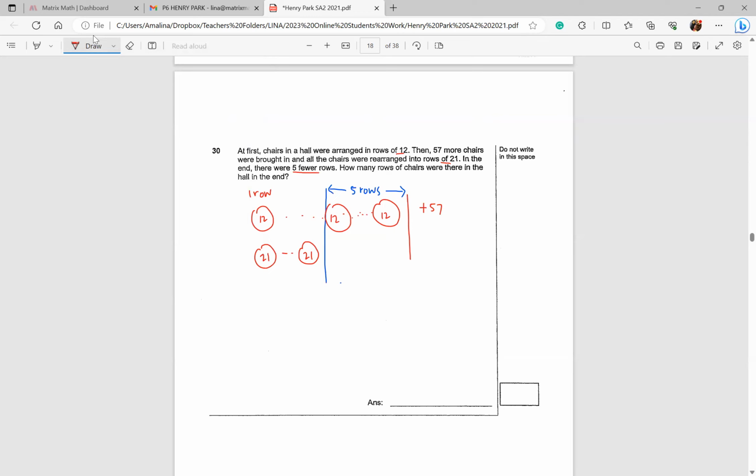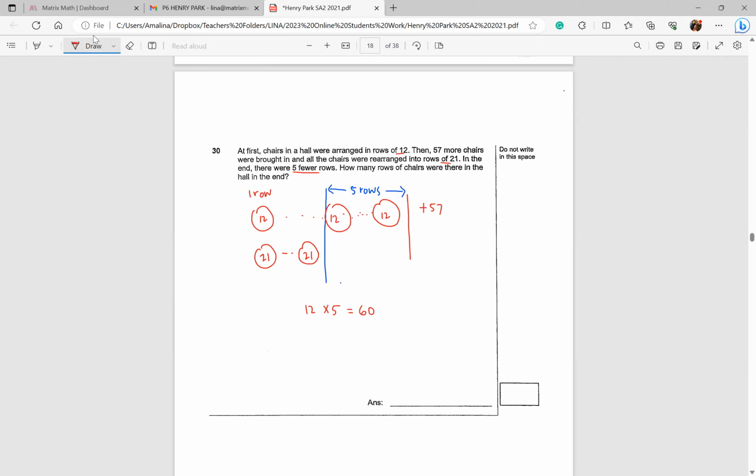So how do you find the rows of chairs in the hall in the end? Let's find first the extra chairs. To find the extra chairs, I will find first 12 times 5. You see these extras? So 12 times 5, I get 60.